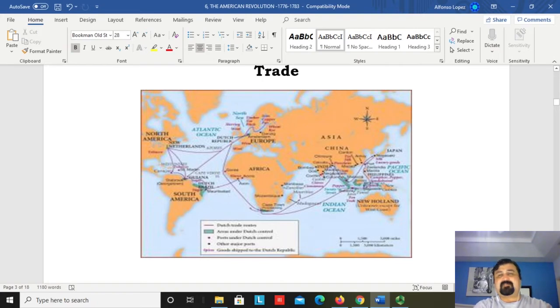So the East India Company is going to be carrying those goods back and forth, particularly goods from India to Europe and America.